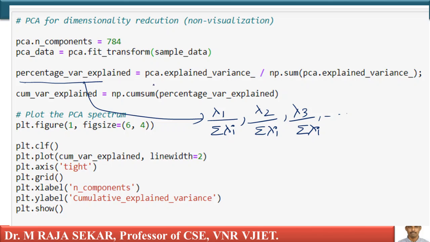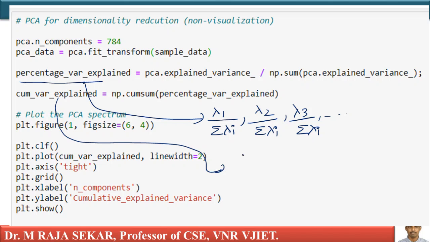That's what this formula says. Now, what about the cumulative sum, the cumulative variance explained? What does it mean?